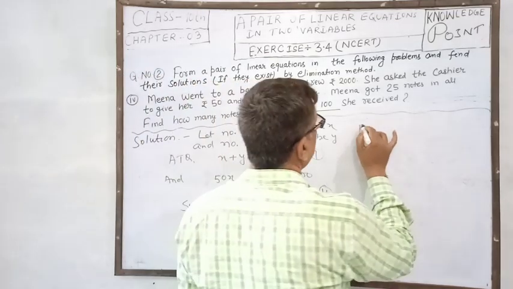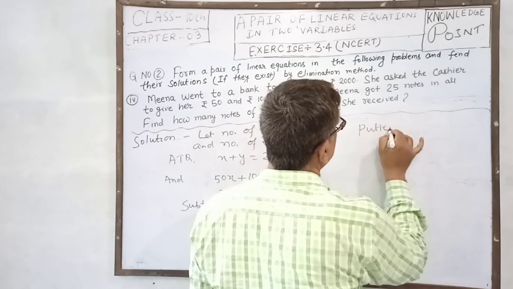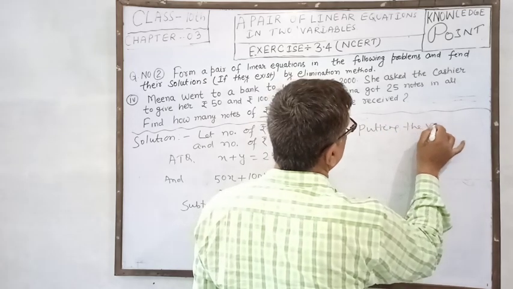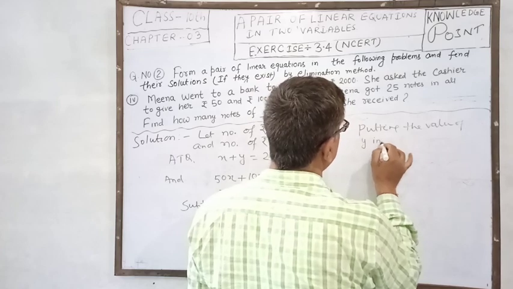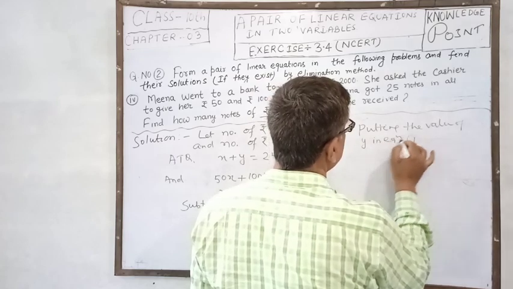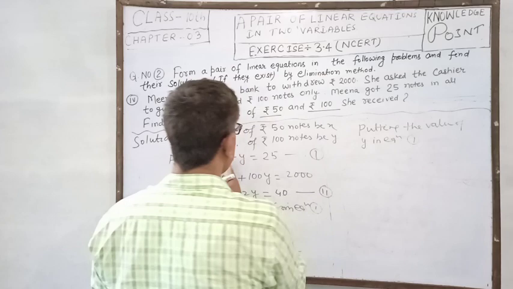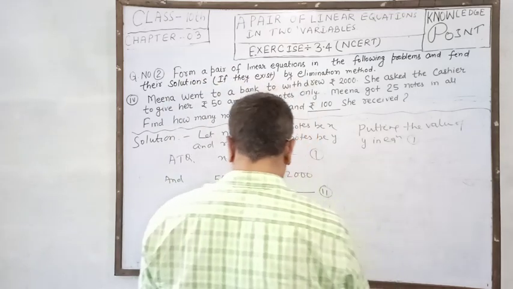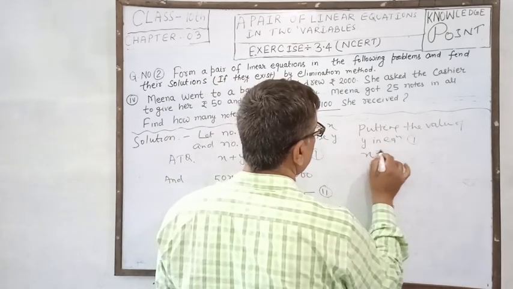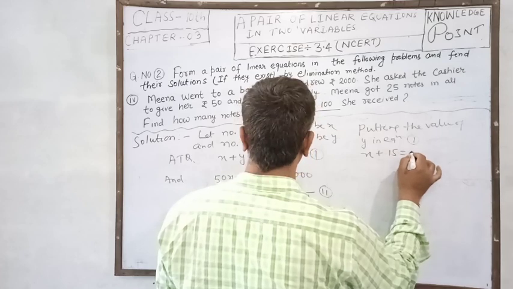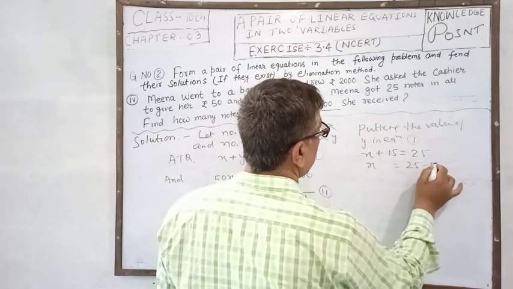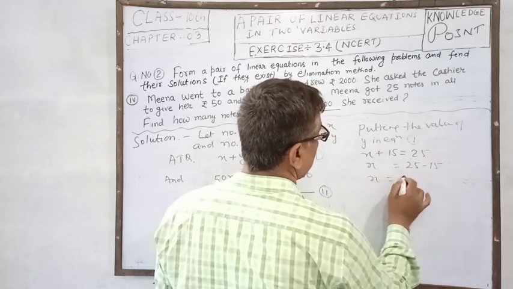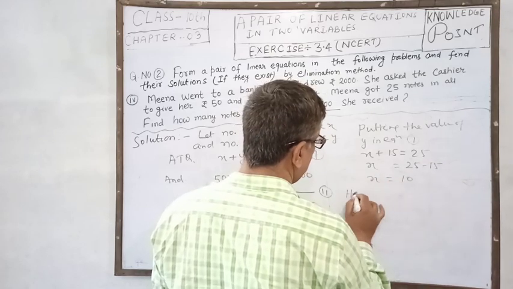Now putting the value of y in the first equation, x plus y is 25 but y equals 15, so x plus 15 equals 25, x equals 25 minus 15, x equals 10.